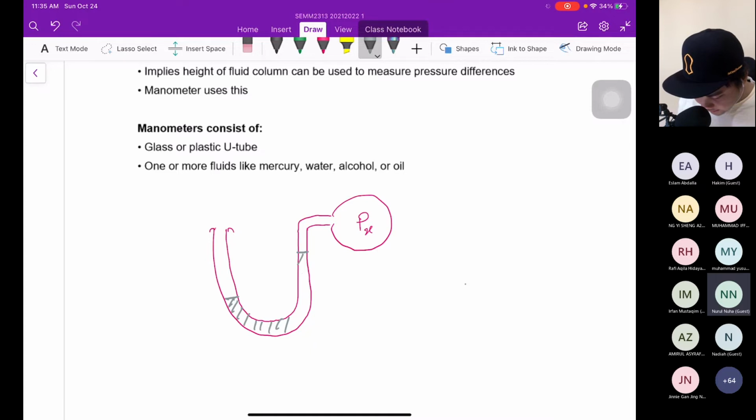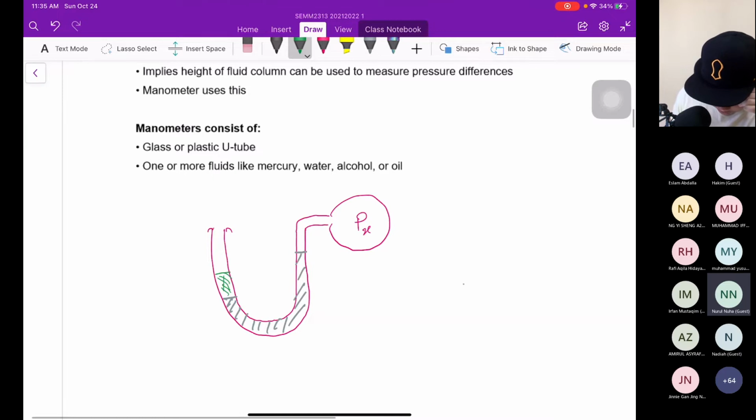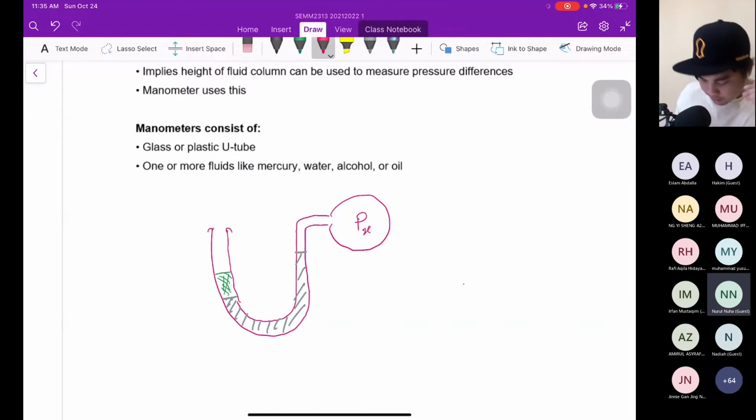You can put any other fluid like oil, alcohol, water, whatsoever. For example, you put another one like this. This is maybe oil. You can have many fluids, basically.